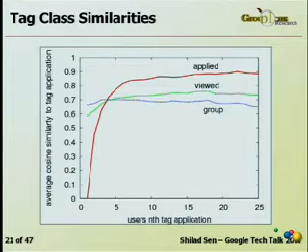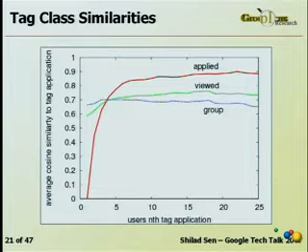So the very first line here, the blue line, is the similarity of a user's nth tag, so for example, their fifth tag, to all the tags in the community as a whole up to that point in time. So if they've applied a factual tag, we see the proportion of factual tags the community has had in the past.